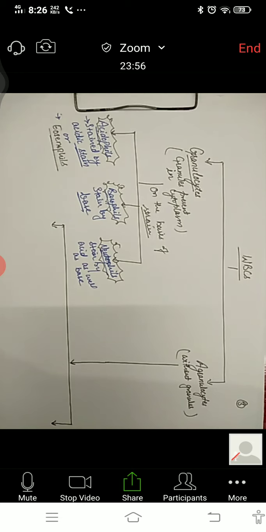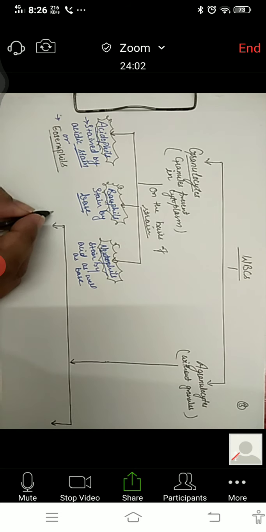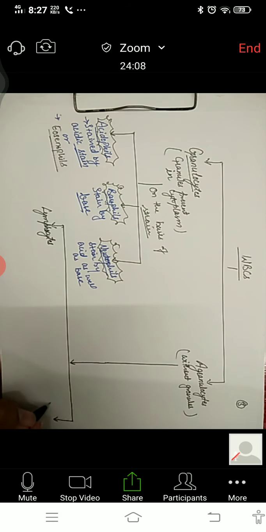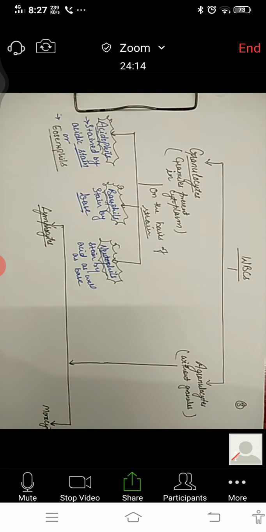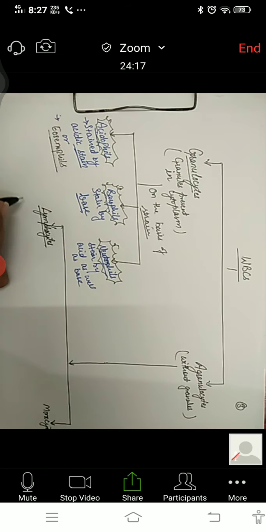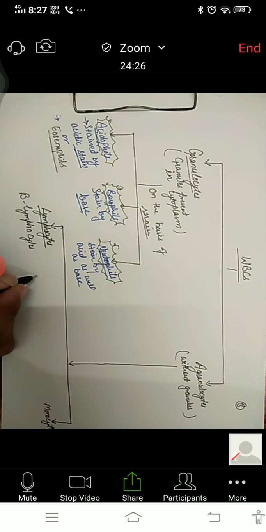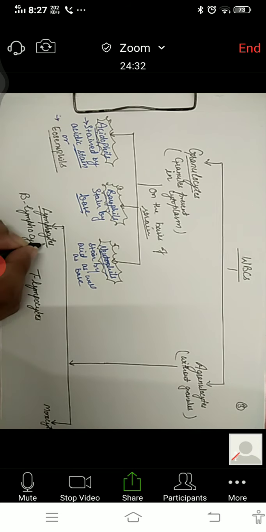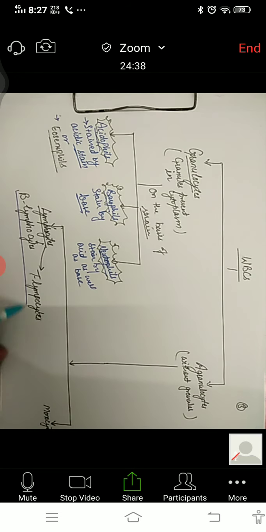Next are lymphocytes and monocytes. Lymphocytes are further categorized into B lymphocytes and T lymphocytes. Guys, they provide immunity.